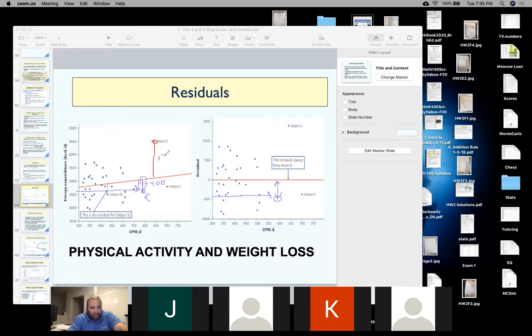This distance is 1,400, right? So at the same x value, which is about 670 or so, I should have a value of about 1,400, and I do. The residual plot shows the residuals, as opposed to the actual value, which is 4,500.